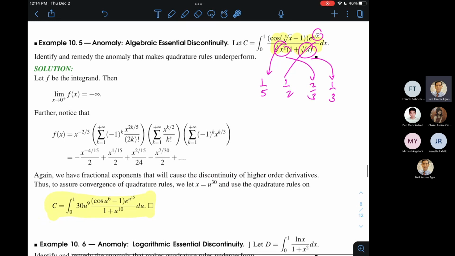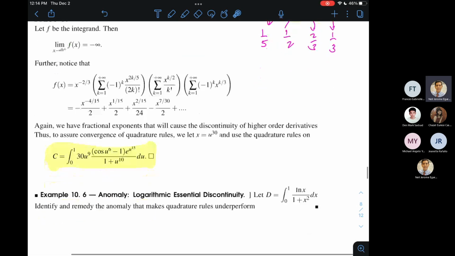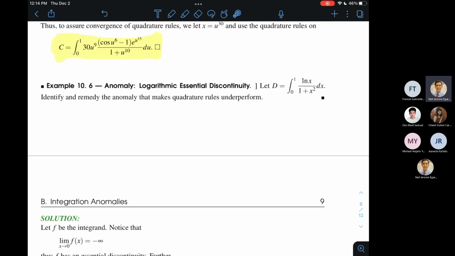Now, that's for algebraic essential discontinuities. Para naman sa logarithmic essential discontinuity, actually, I don't think this is a good template. Parang mag-work lang siya for specific logarithmic essential discontinuities kasi kailangan nating tanggalin or i-separate kung ano yung nagko-cause nung problema.